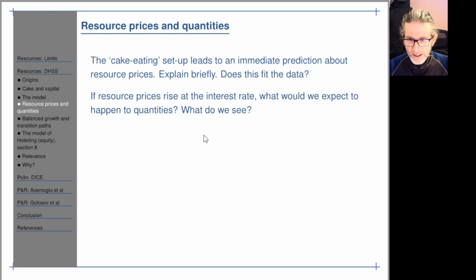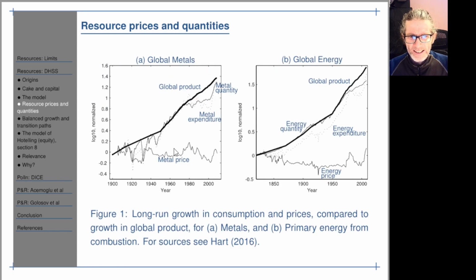What do we see? So this is some data that I put together for my paper from 2016, and this is global product. This is the quantity in tons of all metals extracted from 1900 to 2018, I think. No, can't be 2018. Must be 2010 or 2012 or something.